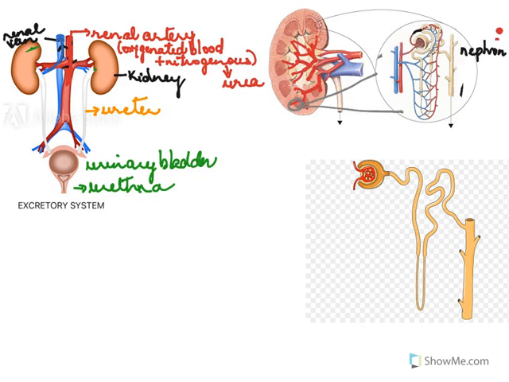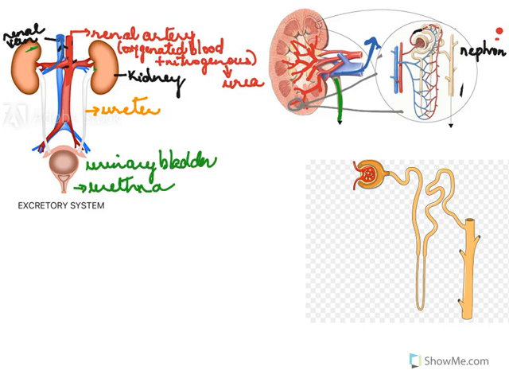The urine formed here flows out to the ureter, and the renal vein takes the blood back after having removed the nitrogenous waste. So now let's go to a very magnified view of the nephron.